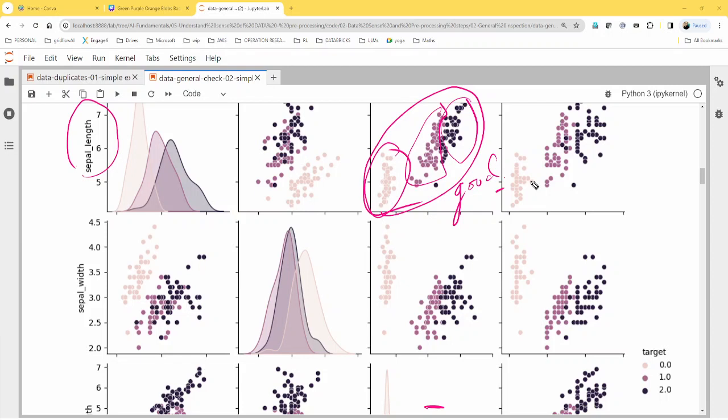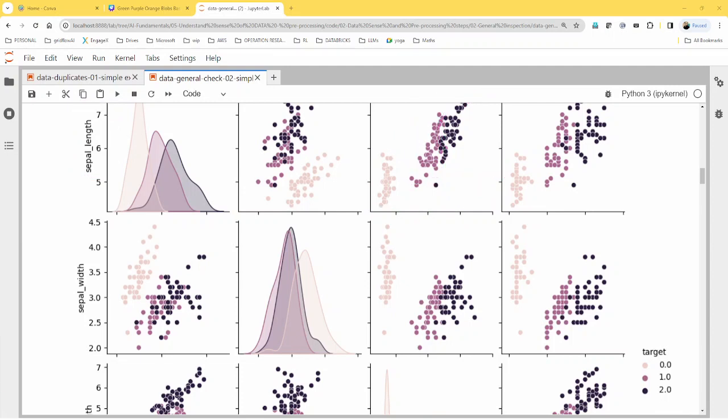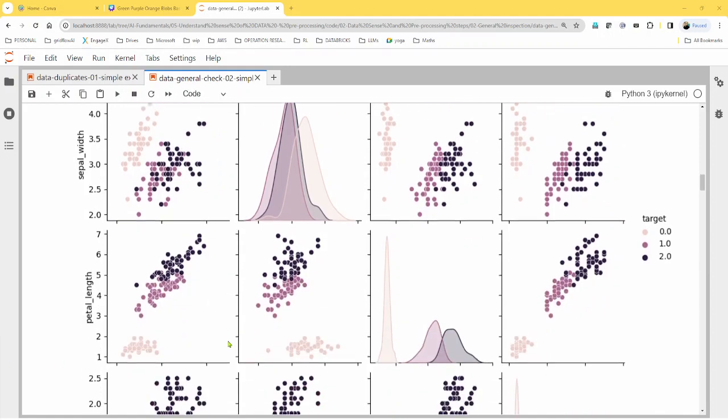So this initial understanding of the distribution of data can lead to decision making for the amount of processing that we have to do, or how good the data quality is at first sight.